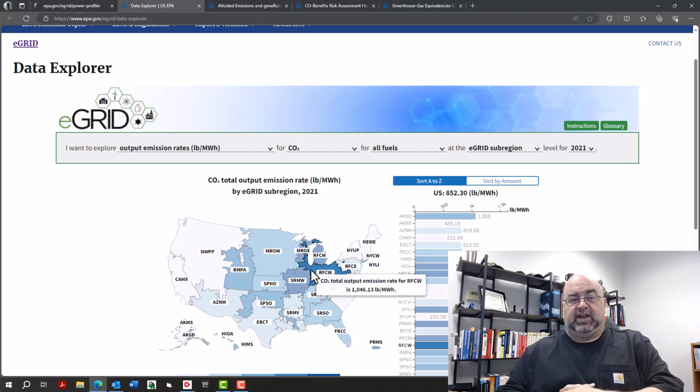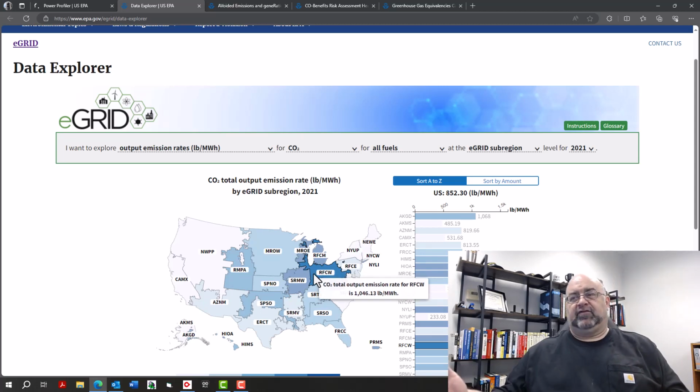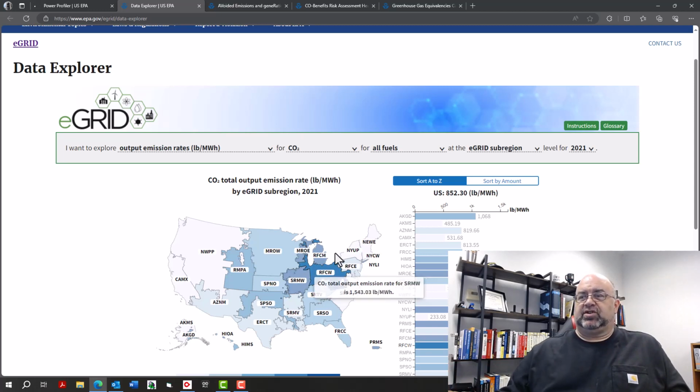This is not the value we're going to use, is 1,046 pounds per megawatt hour, or about 0.45 roughly metric tons of CO2 per megawatt hour. That would cover the region I'm in, the Midwest, primarily because there's a lot of nuclear power in here, a lot of clean energy, so those numbers are going to vary.